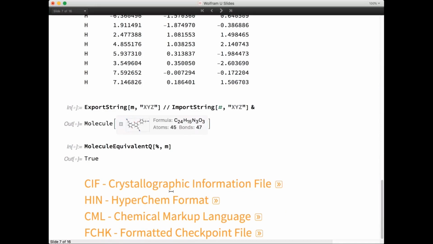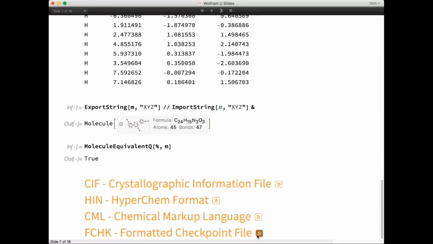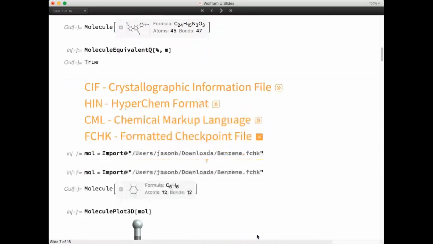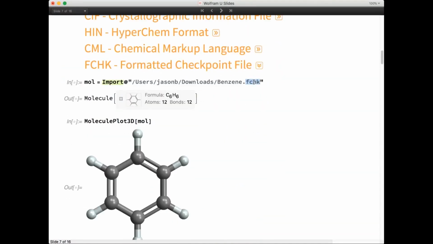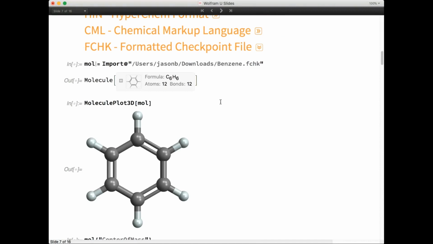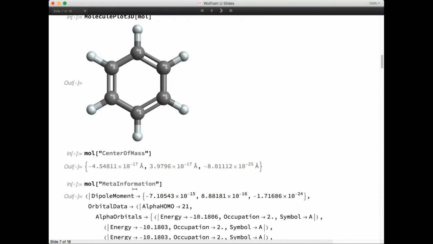Let's skip over CIF and CML, and then let's see. So one last thing here. Let's say you were doing that electronic structure and you did a Gaussian calculation. Then you might have a formatted checkpoint file. You import the molecule from that formatted checkpoint file, and it's got 3D structure in it, and it also has meta information.